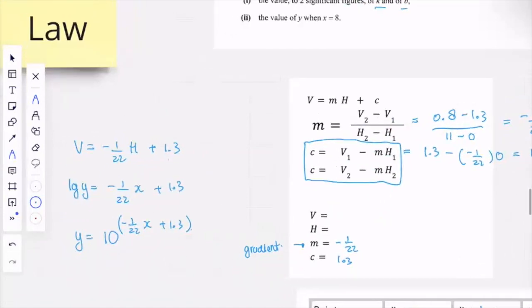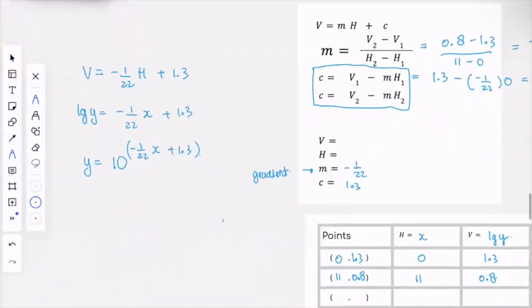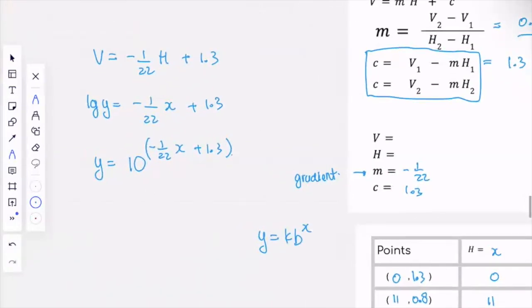We must work in such a way that we get the form y equals k b power x. And how do we do that?